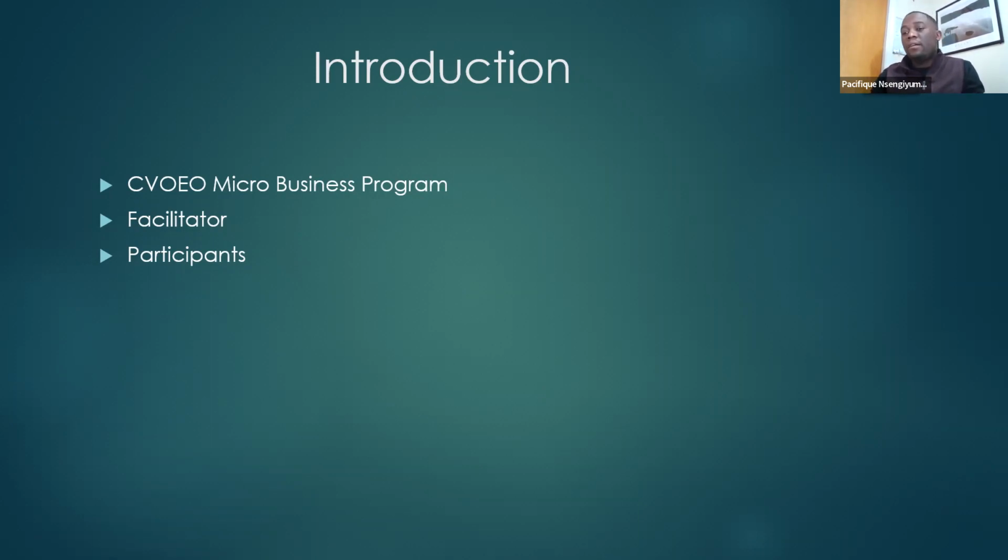CVOEO has a lot of different programs which do different things. The Financial Future is a program that helps small to medium businesses, and it focuses much more on lower to middle income Vermonters.